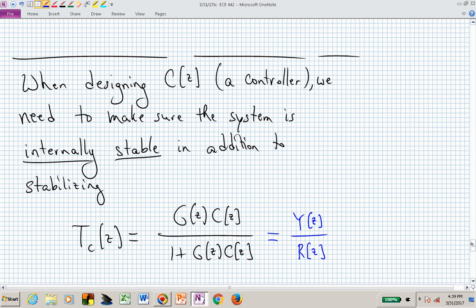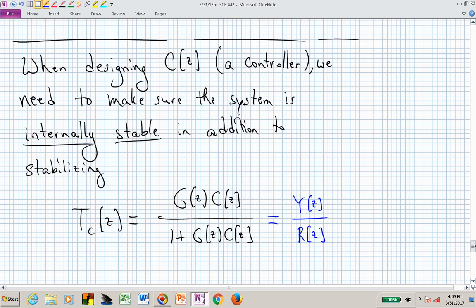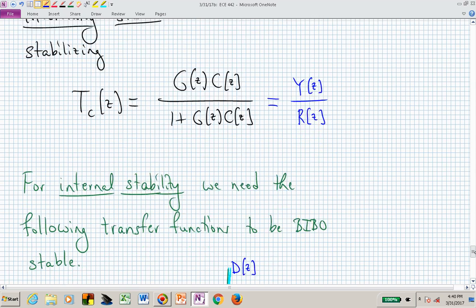That's what I mean by internally stable. Stabilizing the system is achieved by accomplishing this desired closed loop transfer function, capital T sub C of Z, which is GC over 1 plus GC, and that's this ratio of the Z transform of the output to the Z transform of the reference input.